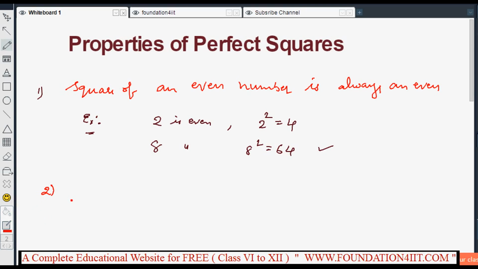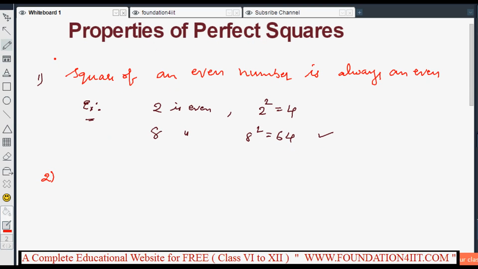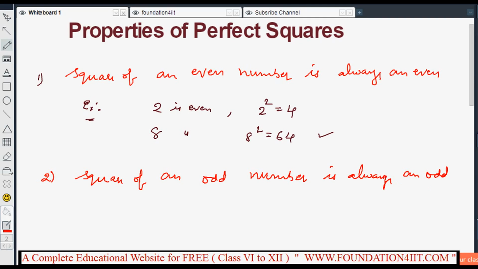Next one. The square of an odd number is always an odd number.